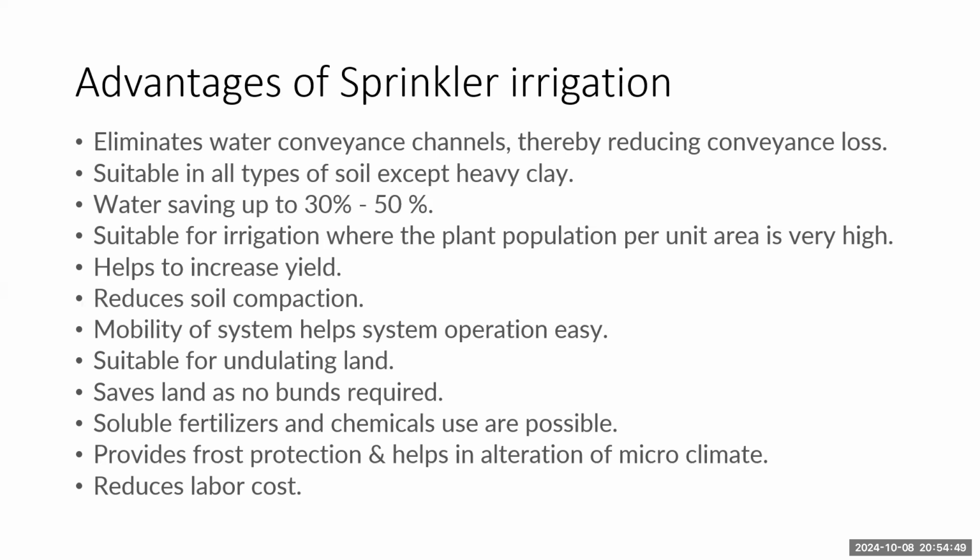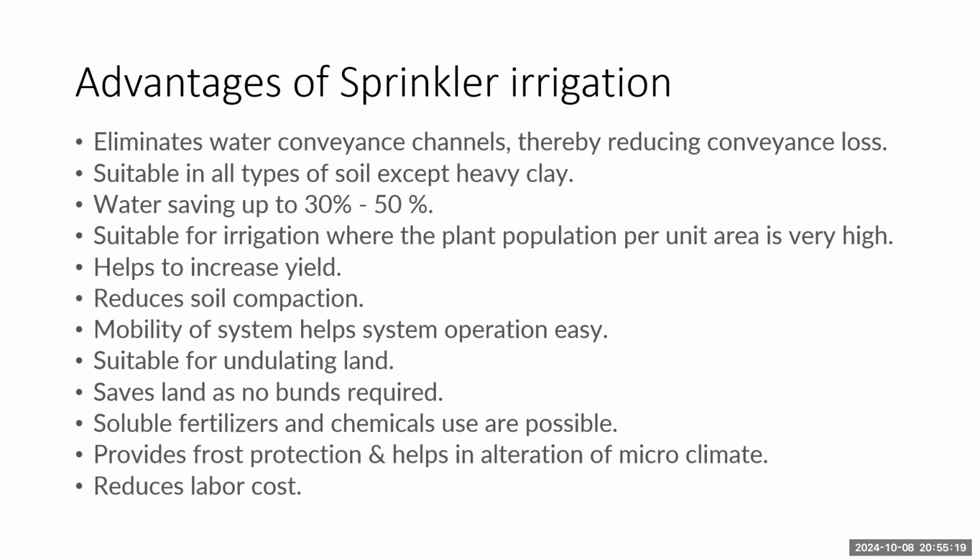Now, the sprinkler irrigation system is a mobile system. Mobile system means we can remove the system and place it in some other field. So it has mobility, and that's why it is easy to shift from one place to another. We can use it for a variety of crops with small modifications.